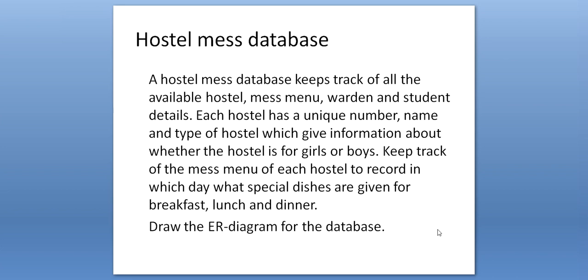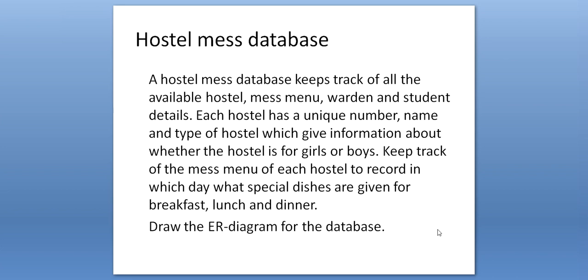So it will have a partial key, and we choose day as the partial key for this weak entity type. And the weak entity type will have an identifying relationship with the hostel entity type, and the hostel entity type is going to be the owner entity type, or you can say the identifying entity type, for the mess menu weak entity type.